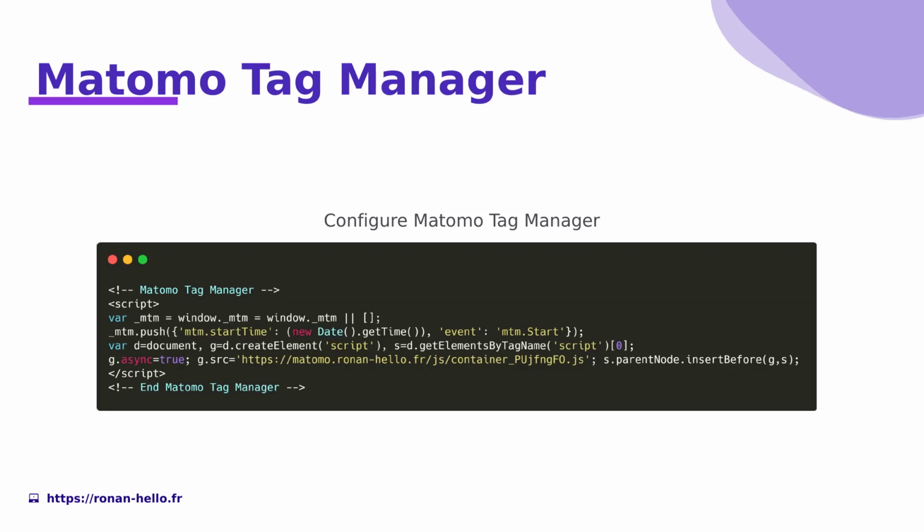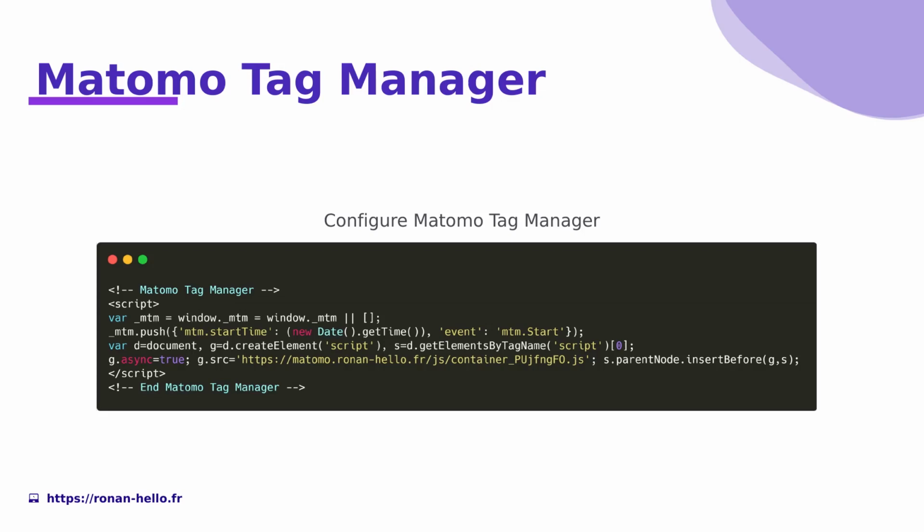One of the first things you have to do is to switch from the basic Matomo configuration to the Matomo Tag Manager configuration. To do this, you just have to switch the tracking code provided by Matomo and place this Matomo Tag Manager code on every single page you want to track.